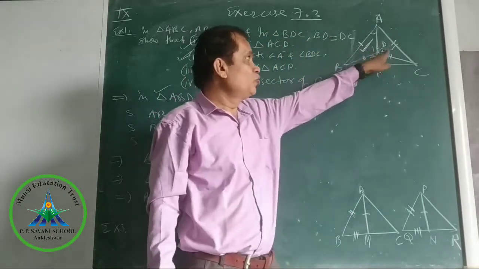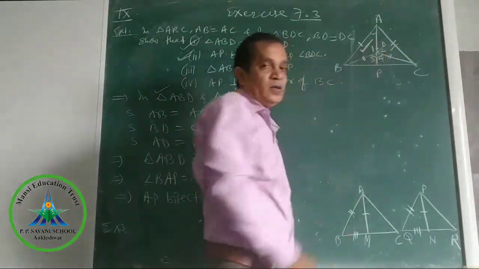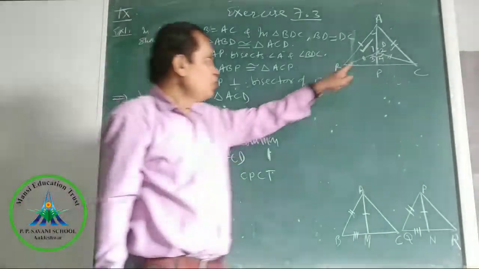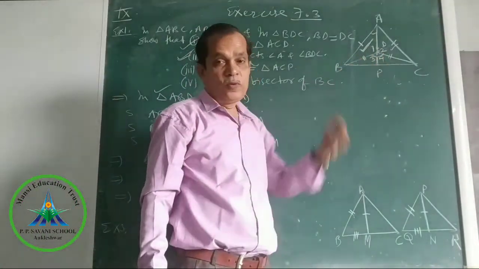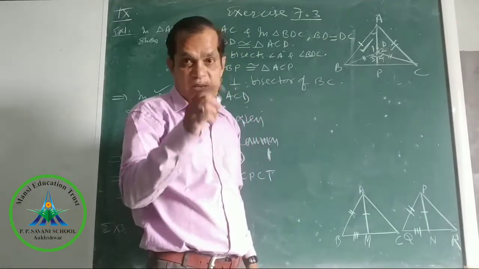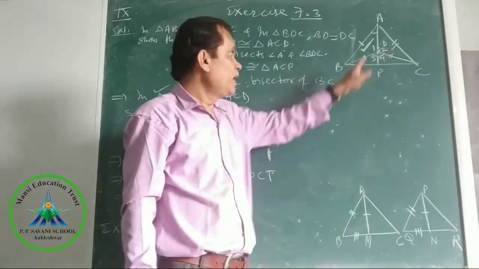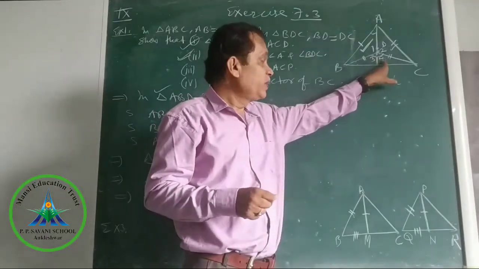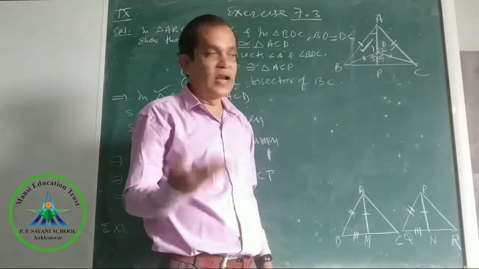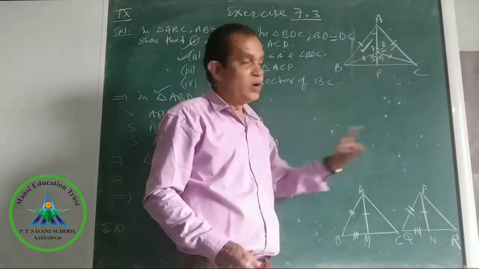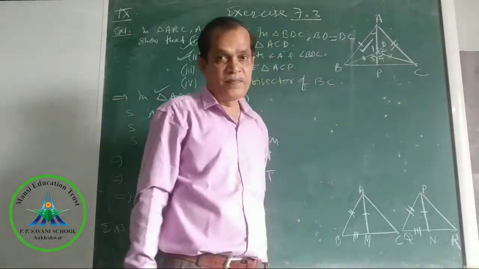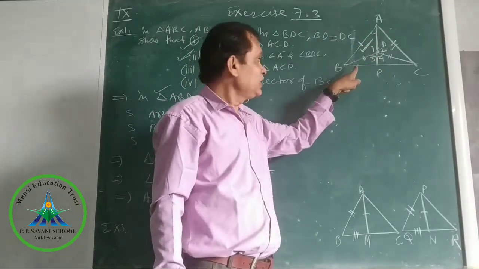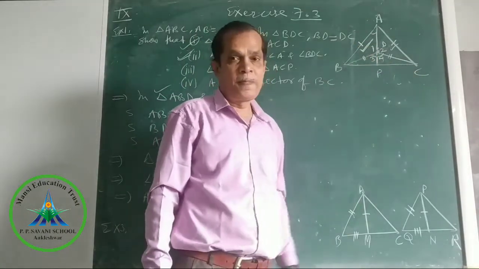Here 1 equal to 2. Similarly, we know 1 plus 3 equal to 2 plus 4, angles in linear pair. So if 1 and 2 are equal, we cancel them, so definitely 3 will be equal to 4. Then BDP equal to CDP, and hence AP bisects BDC.